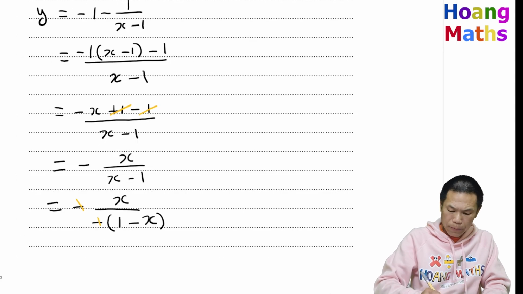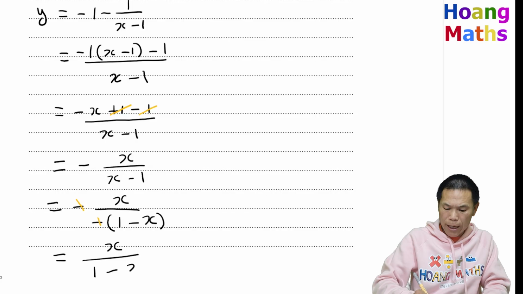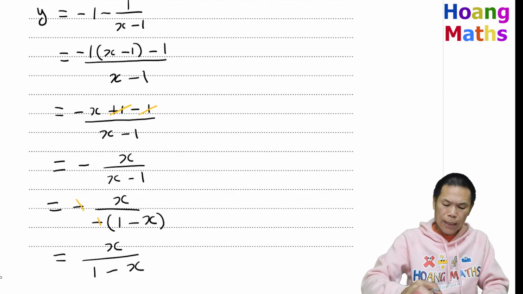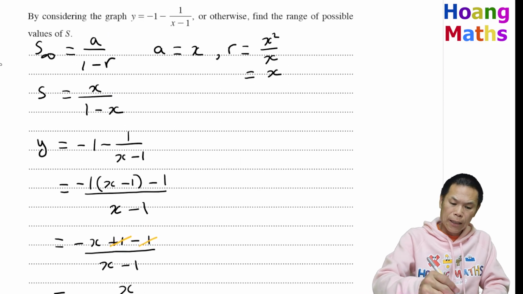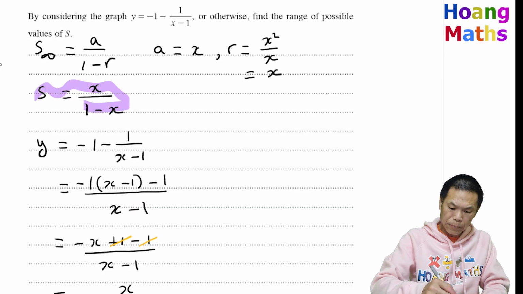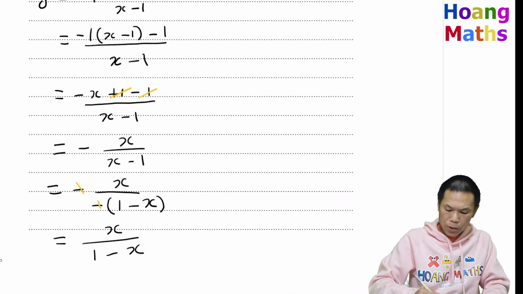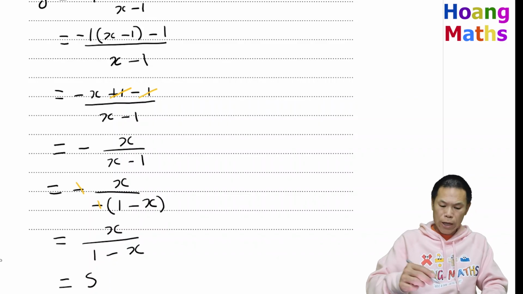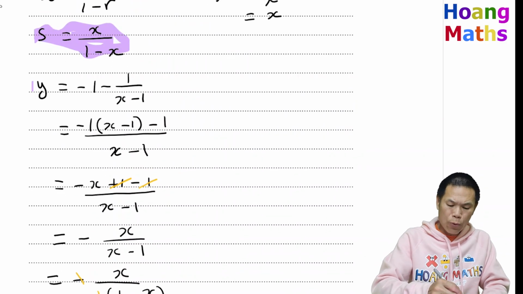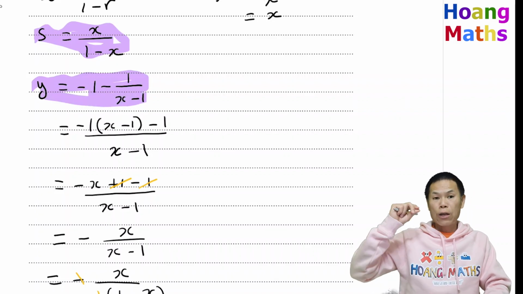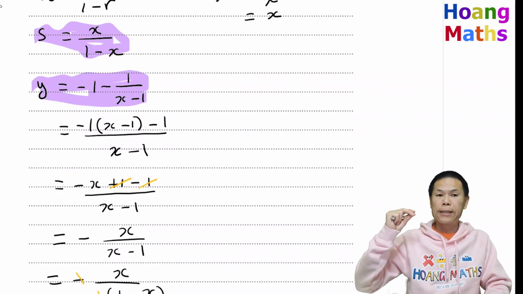So that is equal to x over 1 minus x. That is exactly the same as the limiting sum. So there you go, this is also equal to S. Keep that in mind. Now we need to find the range of this, and it will give us the range of the limiting sum.